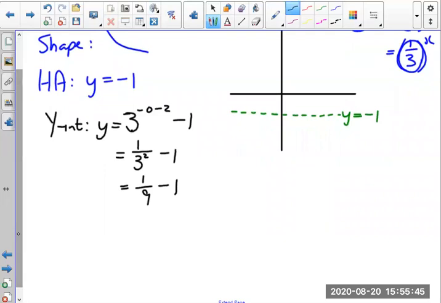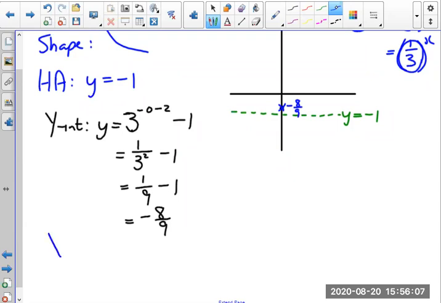And if you calculate 1 over 9 minus 1, you get minus 8 over 9. So there is your y-intercept, minus 8 over 9.